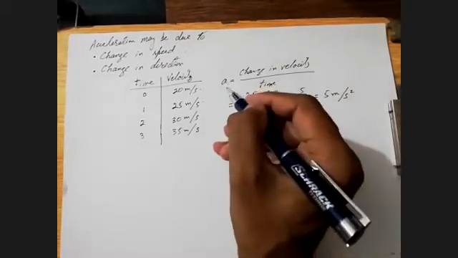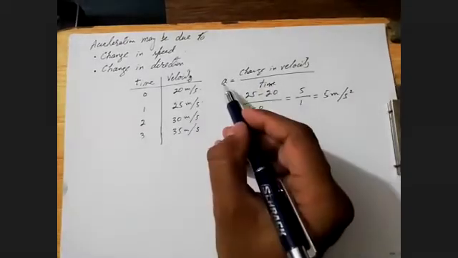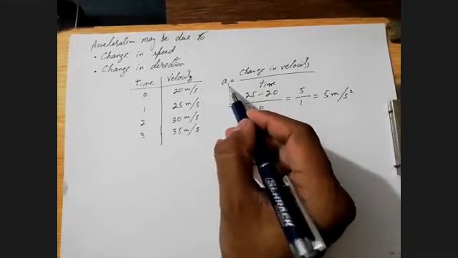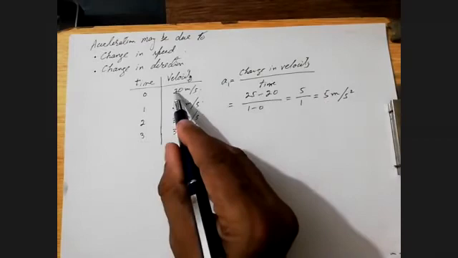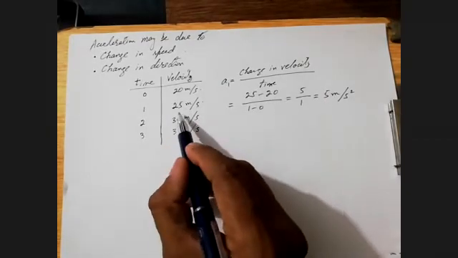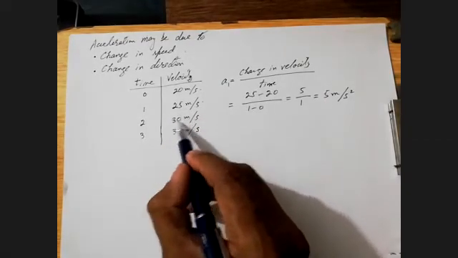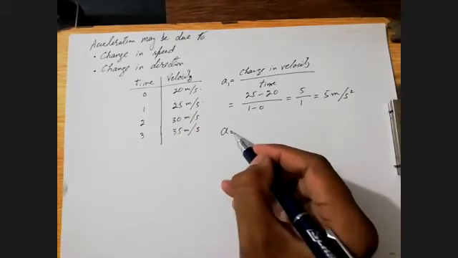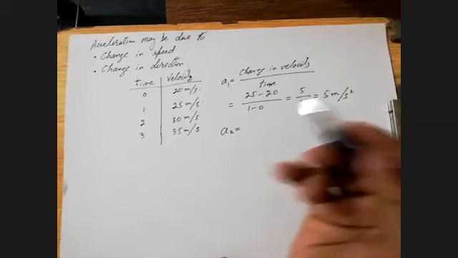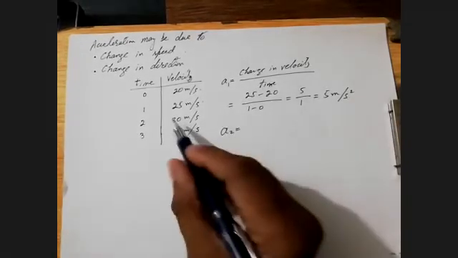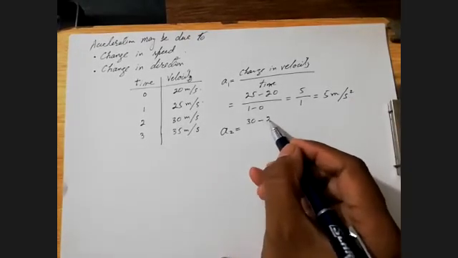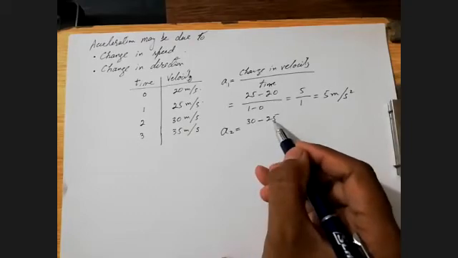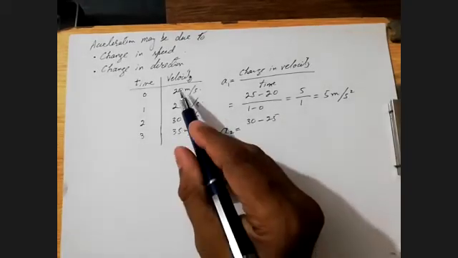Now, during the second interval, I can say that A1 is the first acceleration which I calculated during these two intervals. Now for these two intervals, if I am going to check the acceleration, A2, I am naming it myself, 30 minus 25, final velocity minus initial velocity.